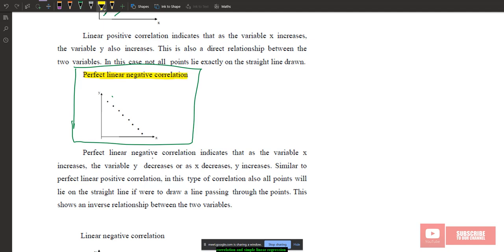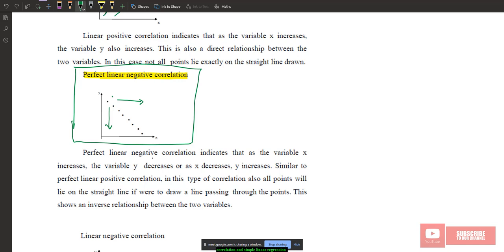A perfect linear negative correlation says that when x increases, y will decrease. When the independent variable increases, the y variable, or dependent variable, will decrease.